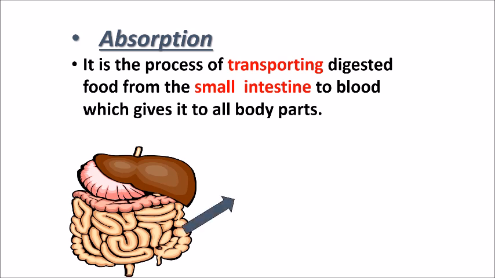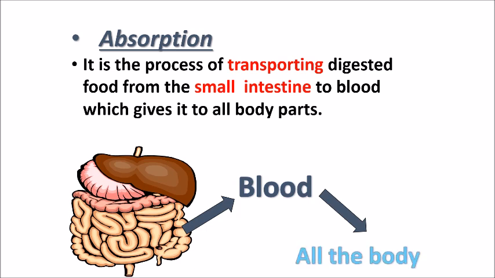As I said before, the blood is a transporter. So, absorption means the transportation of the digested food from the small intestine to the blood. This is called absorption process.